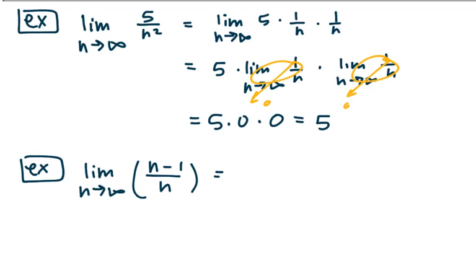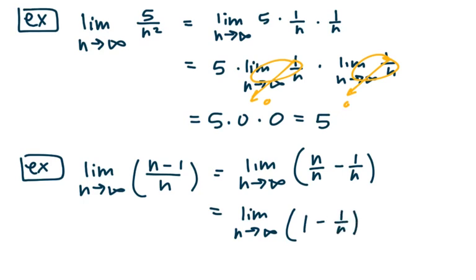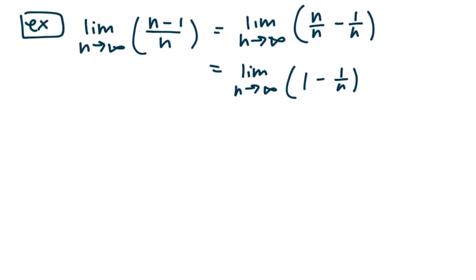If I separate it, I get n over n minus 1 over n, or rather, the limit as n goes to infinity of 1 minus 1 over n, which we can then say is the limit as n goes to infinity of 1 minus the limit as n goes to infinity of 1 over n.